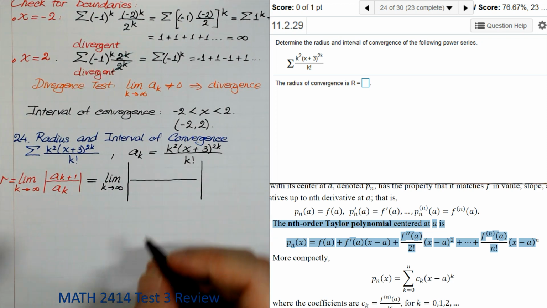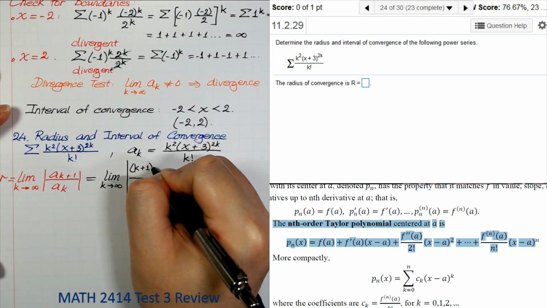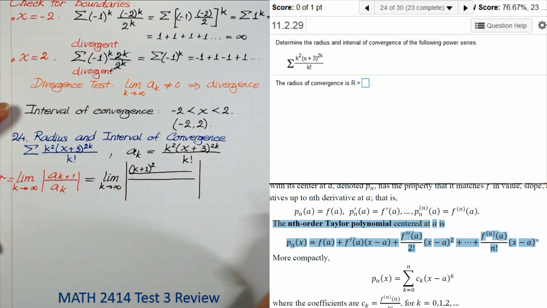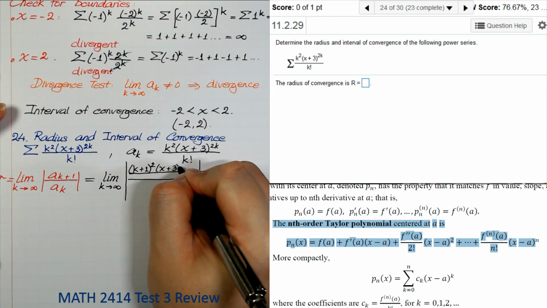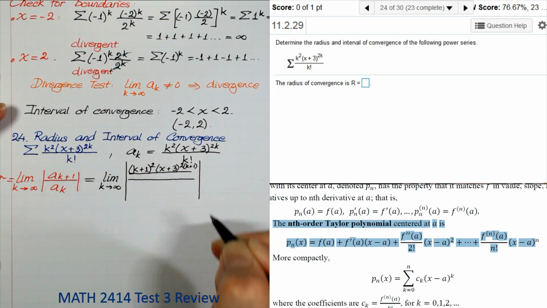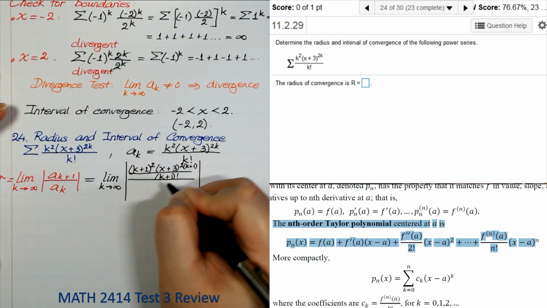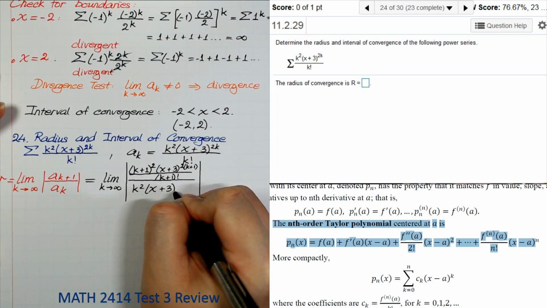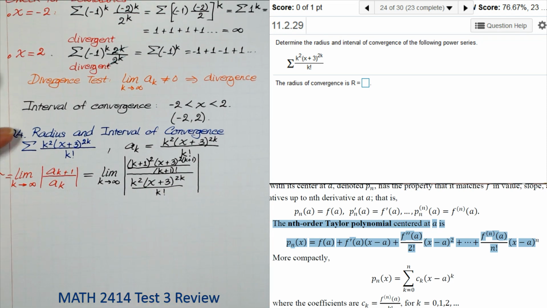a of k plus 1, so I have k plus 1 squared, x plus 3 to the 2k plus 1, over k plus 1 factorial, divided by k squared x plus 3 to the 2k over k factorial.